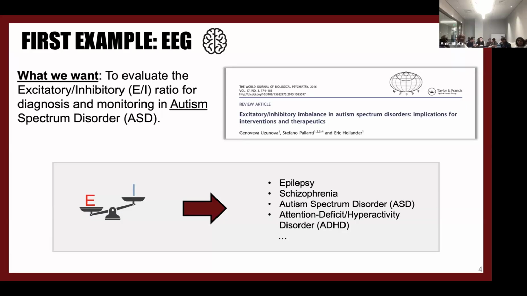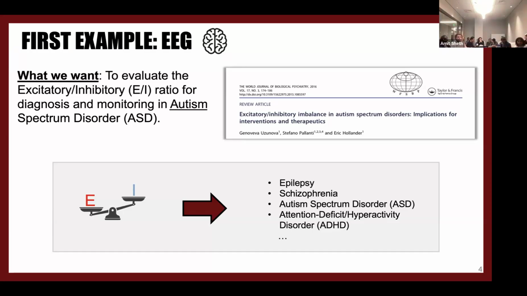And it's been observed that this excitatory-inhibitory ratio is off in many neuropsychiatric conditions, for example, epilepsy, schizophrenia, autism spectrum disorder, or ASD. I'll use the acronym ASD for the rest of the talk. Attention deficit hyperactivity disorder, or ADHD.